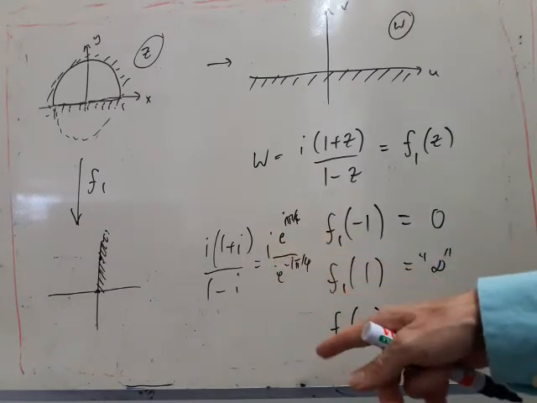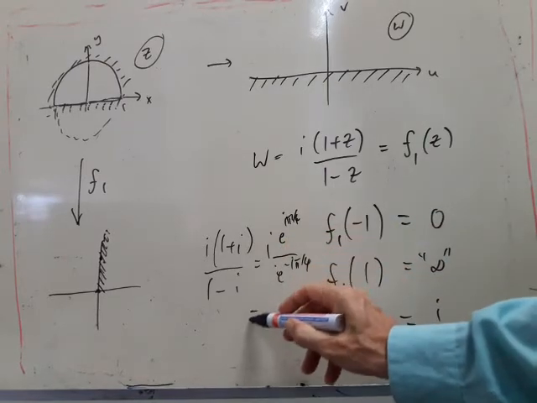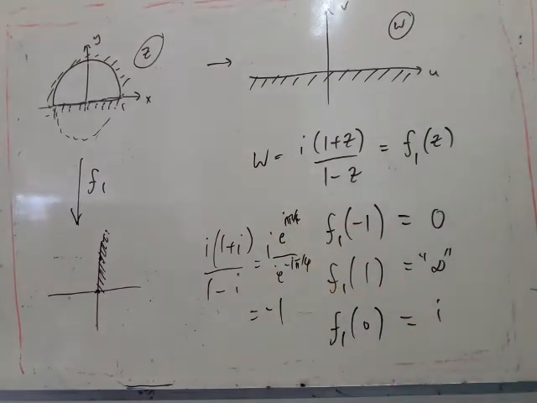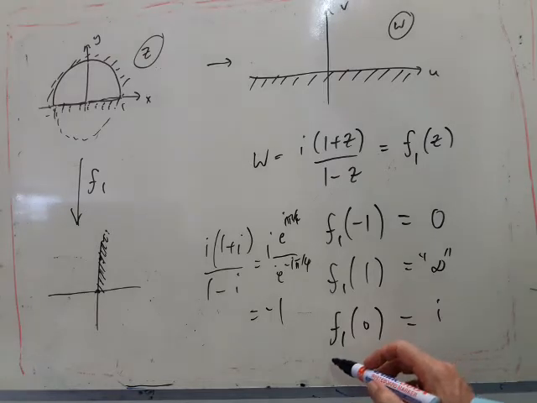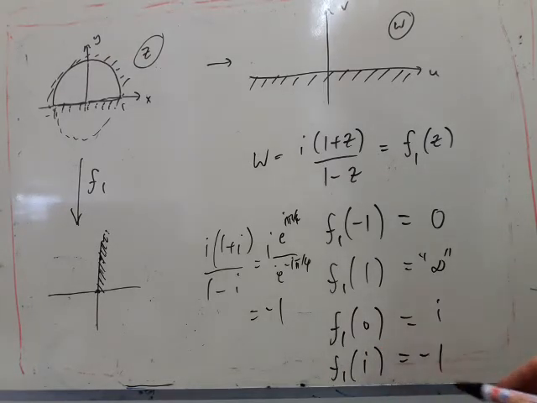I've cancelled out the root 2's. So that actually gives me minus 1 in the end. Okay, so F1 of i gets mapped to minus 1. I think we actually worked that one out before.